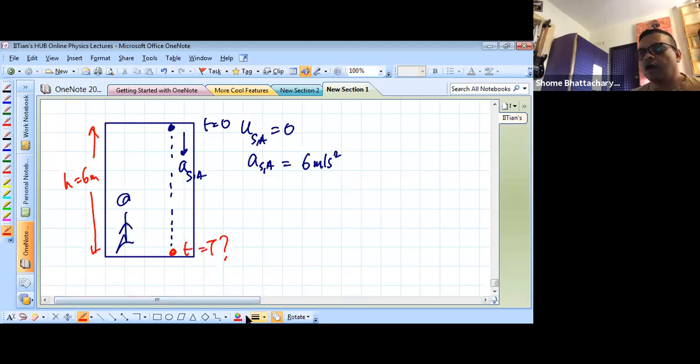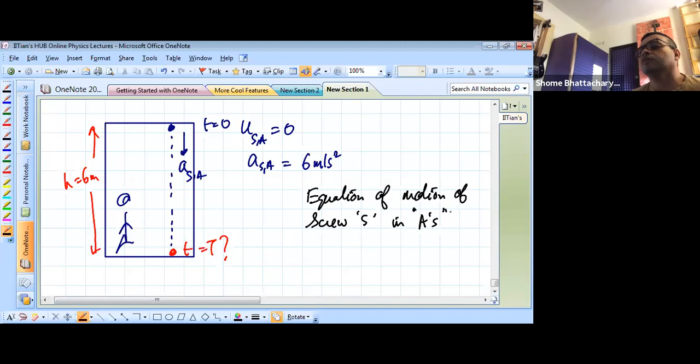Understood? So how will we write the equations of motion? The equation of motion of the screw S in A's frame, or relative to A. The initial velocity is 0.